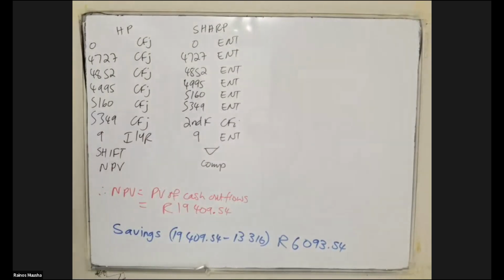So it will result in a savings in present value terms of 6,093.54. So we are better off going the leasing route, because the leasing route has the lower present value of cash outflows, and therefore it will result in a savings of 6,093.54 in today's terms. Are we on the same page when it comes to the last part of the question? Any questions?